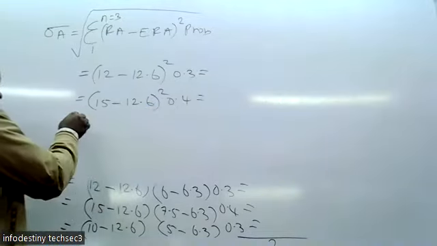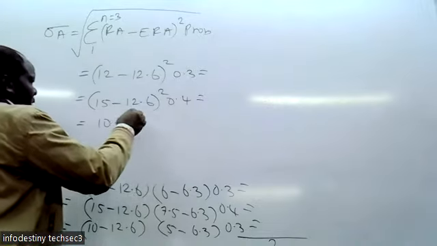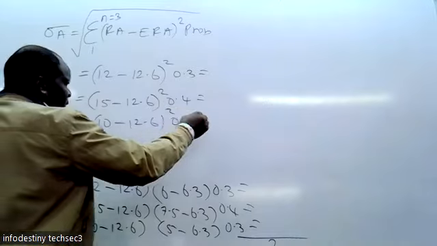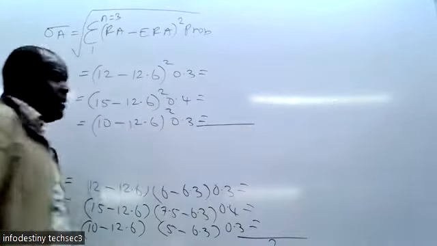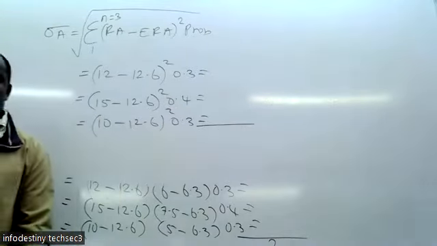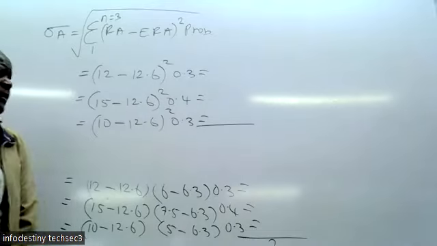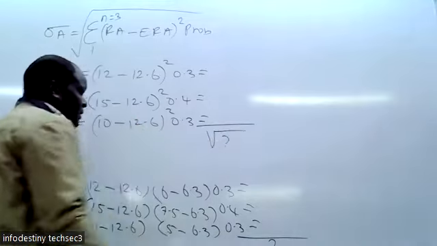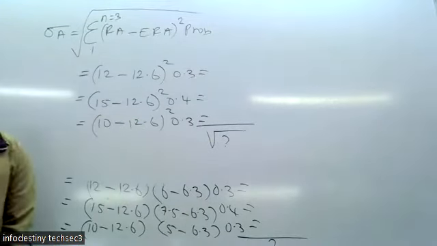The last return is 10 minus 12.6, you square, probability is 0.3. Add them together to get the variance for A. Then you get the square root.